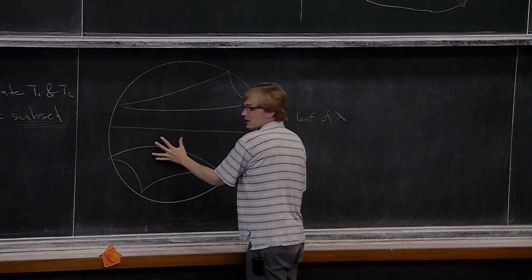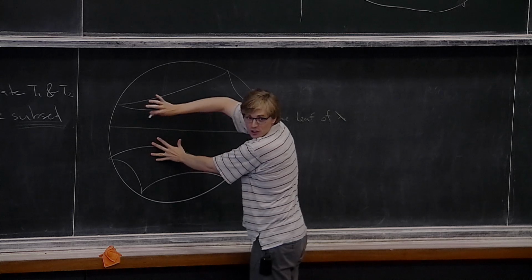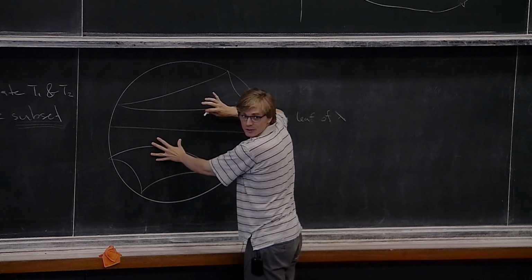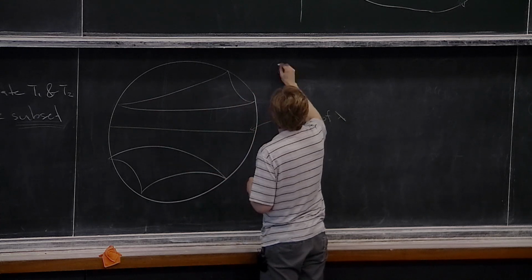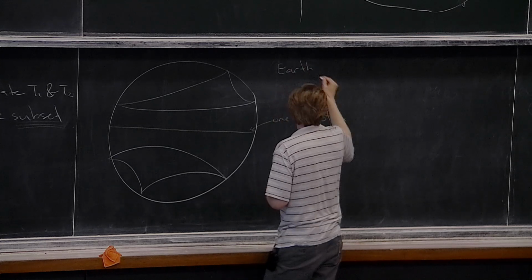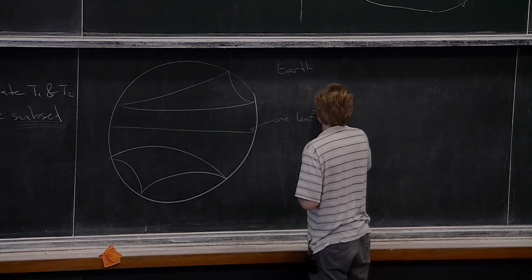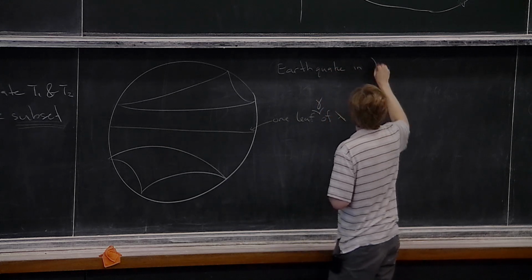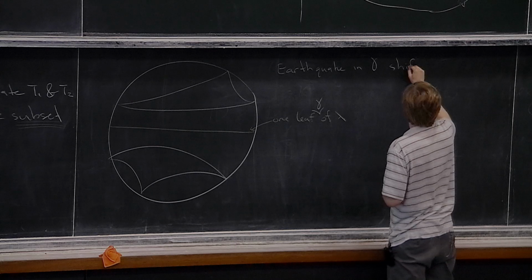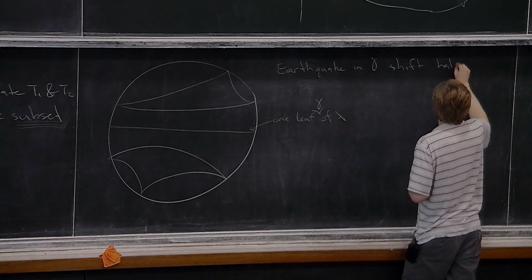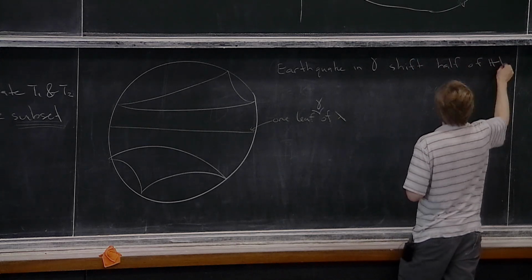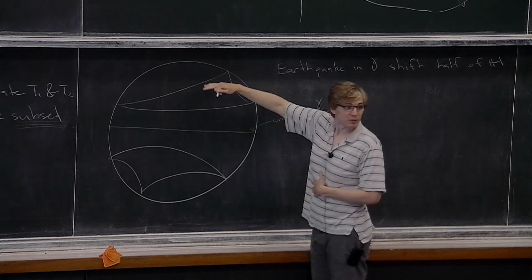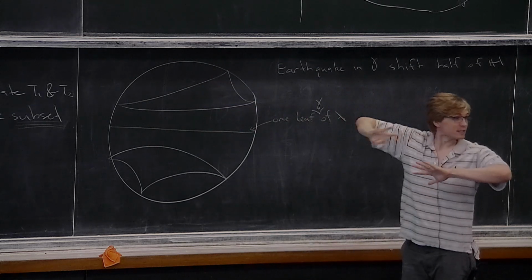So I can just define the earthquake to fix this half, and it shifts this half by an isometry. So earthquake, so one leaf, call it gamma. Earthquake in gamma shifts half of the hyperbolic plane, namely the half above gamma, by translation in gamma.